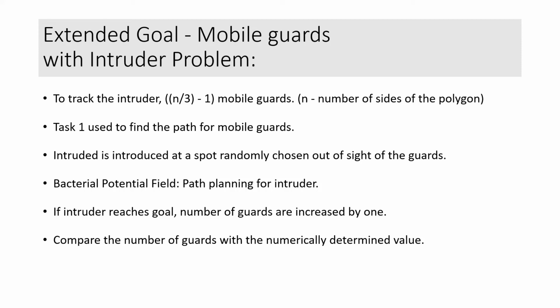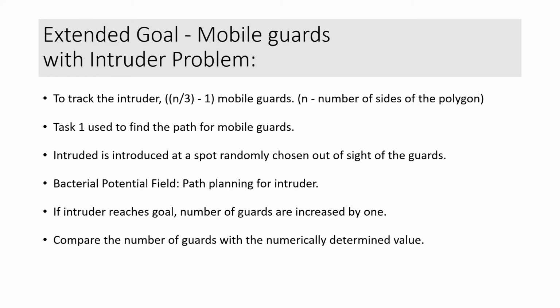The extended goal of our project is finding an optimal number of guards which is even lesser, or the minimum, when compared with the values determined in the research papers, which depend upon the number of sides of the polygon, as we have seen before, 3n plus 4 by 16 and n by 3.